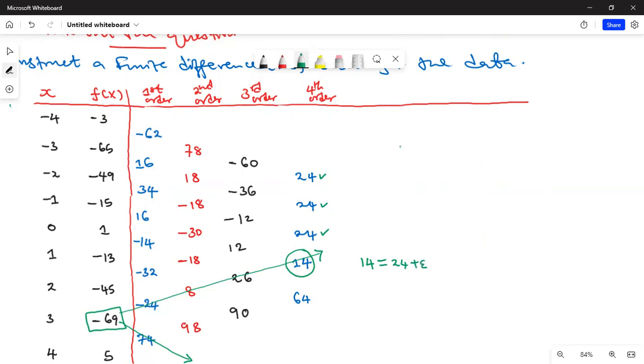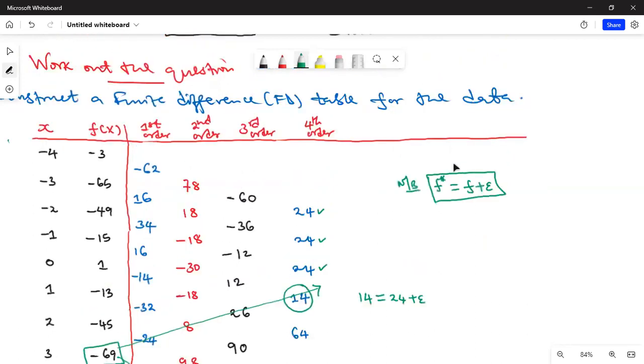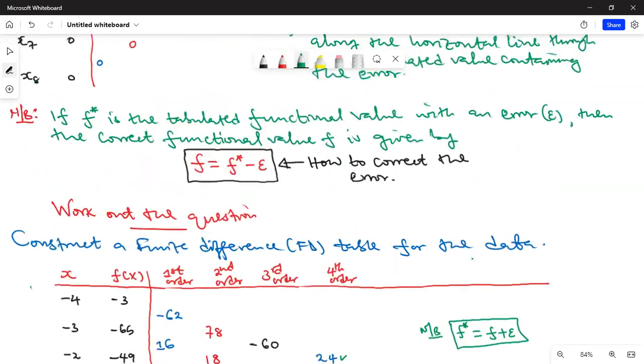You remember we said, let me write a note here. We said the corrected value, or simply f star, the wrong value, should be equal to the correct value plus the error. That's the formula I'm using. You can see it from here. If you make f star the subject, it is f plus epsilon.